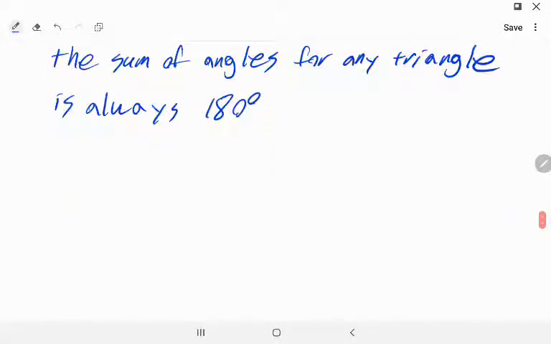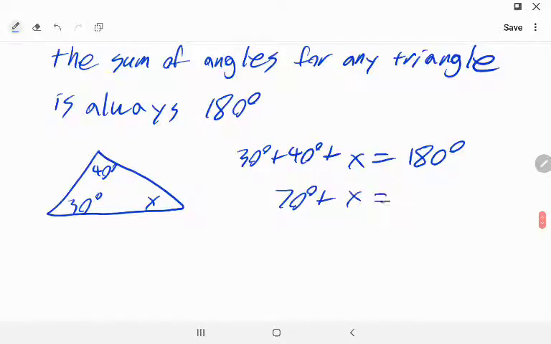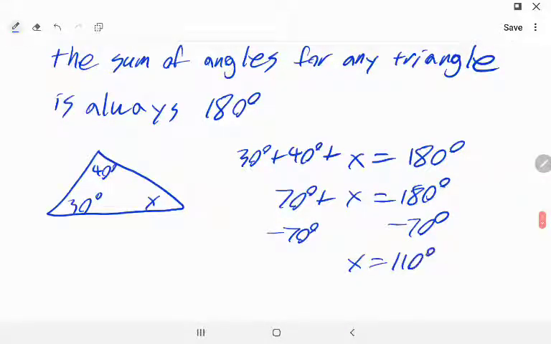If we had a triangle that was 30, 40, and x, we actually know what x is. 30 degrees plus 40 degrees plus x has to equal 180. So 70 degrees plus x equals 180. We can subtract 70 from both sides, and x equals 110 degrees.